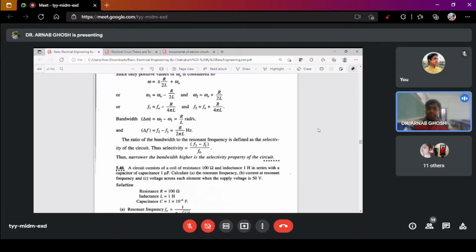Do this 5.46. Please note down the numerical. You have a resistance of 100 ohm, inductance of 1 Henry in series with a capacitor of capacitance 1 microfarad. You have to calculate the resonant frequency. You already know the formula of resonant frequency. And you have to calculate the current at the resonant frequency and the voltage across each element when the supply voltage is 50 volts.